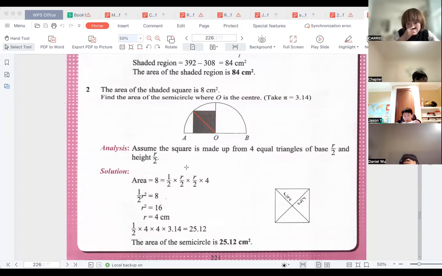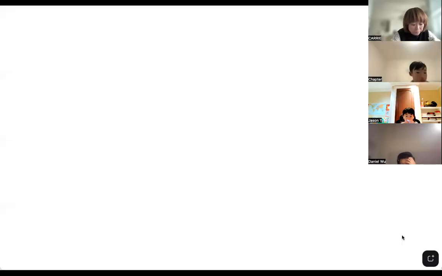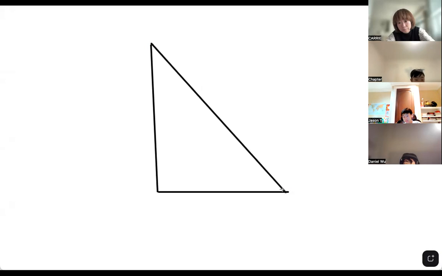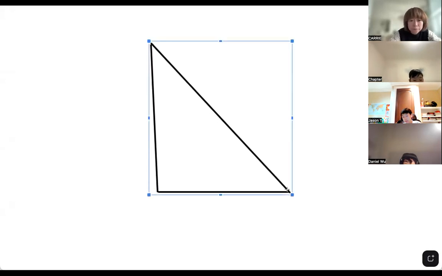Chapter, we have to understand this thing called the Pythagorean theorem. We have learned it many times, but I'll tell you again. Get it, everybody?